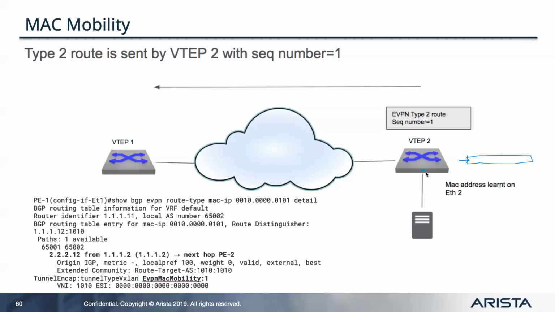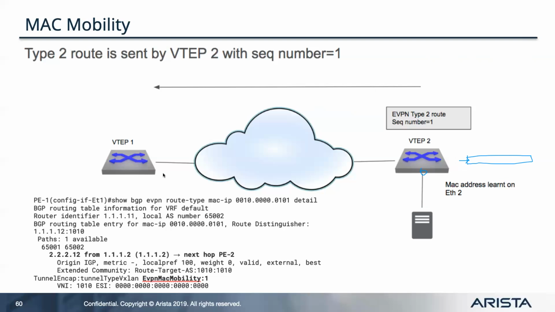So when it has to initiate one, it will initiate with an updated sequence number. But suppose there is genuine MAC flapping because of some loop or something. How does it handle that then?